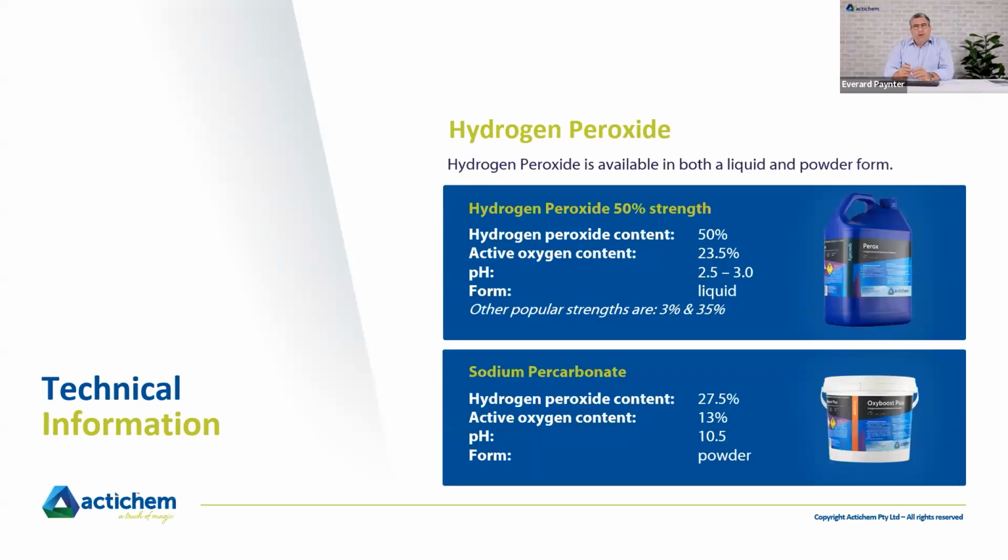The hydrogen peroxide itself is available in 2 types, I should say. There's the liquid version, which we're mostly familiar with, such as the Actichem Perox, which is a 50% strength hydrogen peroxide.